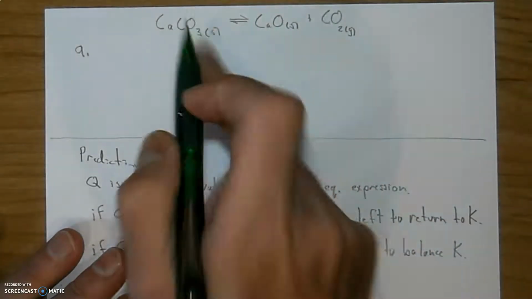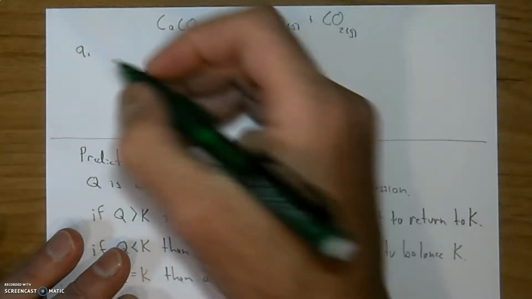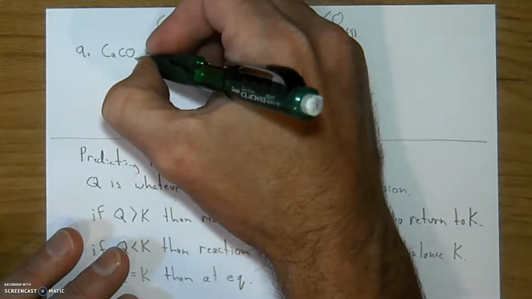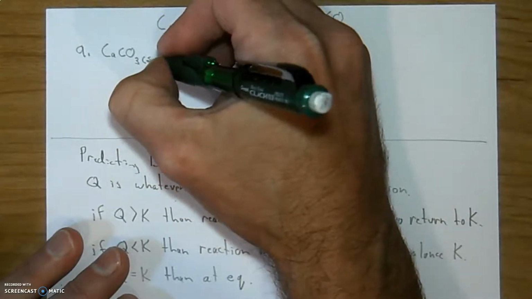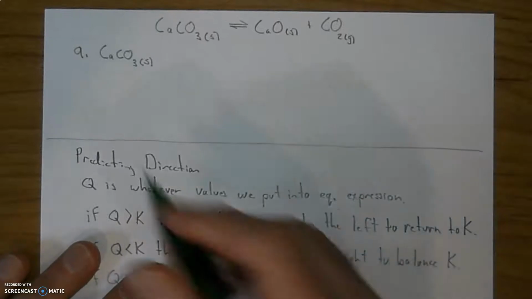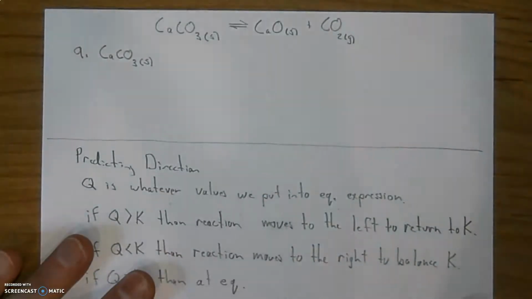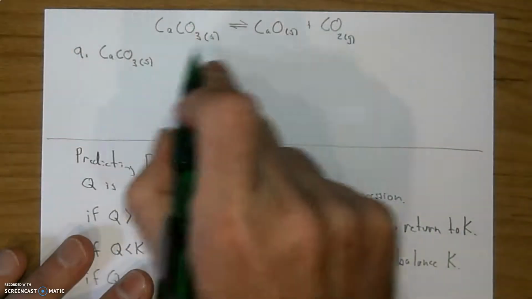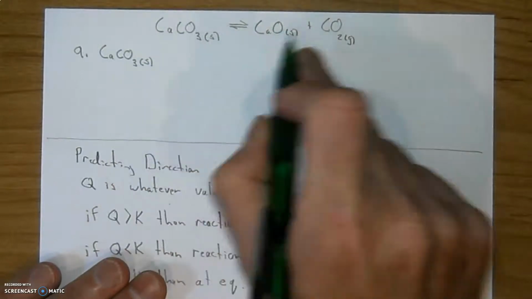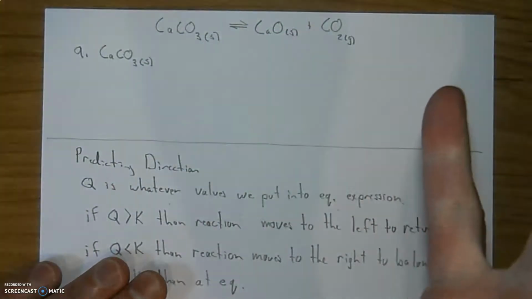If the only thing that's present in the container is calcium carbonate solid, will it establish equilibrium? And the answer is, drumroll, yes. I have all of the reactants present. That is the only thing that is necessary. It'll degrade and form these 2 products, and I've got equilibrium. Done.